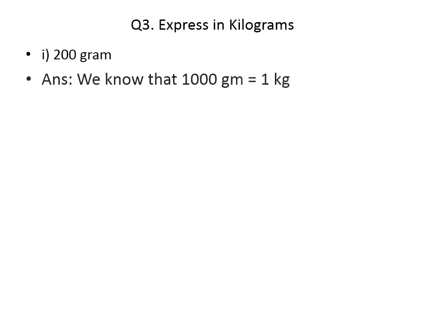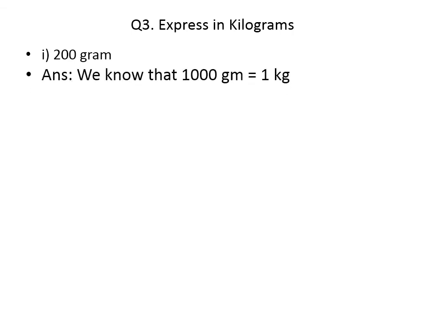So express in kilograms. So 200 gram change to the grams. We know that 1000 gram makes 1 kg. So 200 gram is equal to 200 divided by 1000. So here 1, 2, 3 zeros are there.